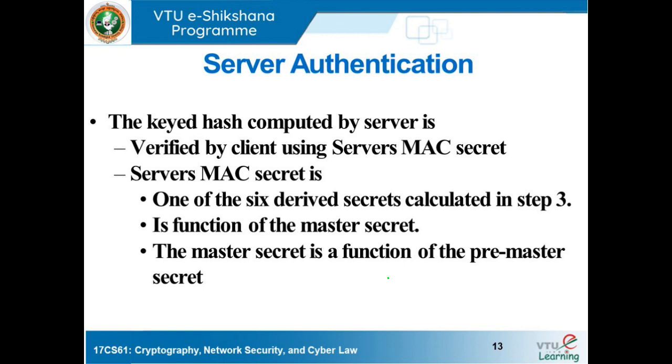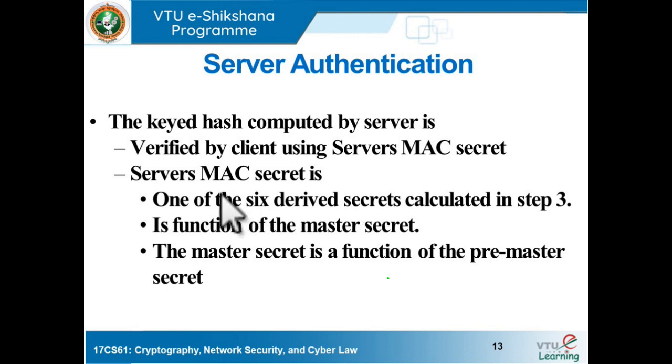The derived secret is obtained from the master secret along with the nonces and the predefined constants. This master secret in turn is a function of the pre-master secret. Finally, the MAC secret is obtained from one of the 6 derived secrets, all of which are derived in step 3.